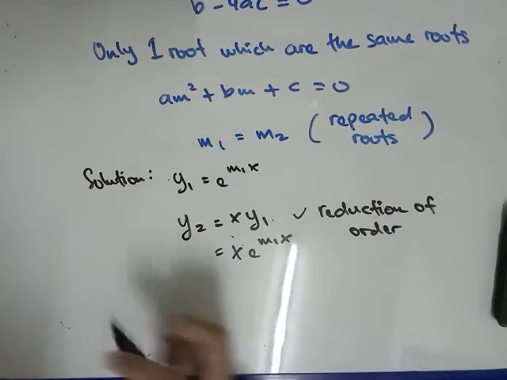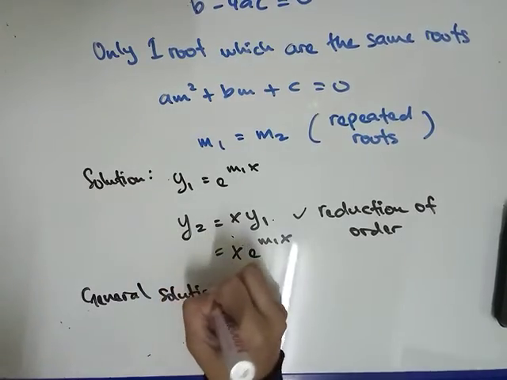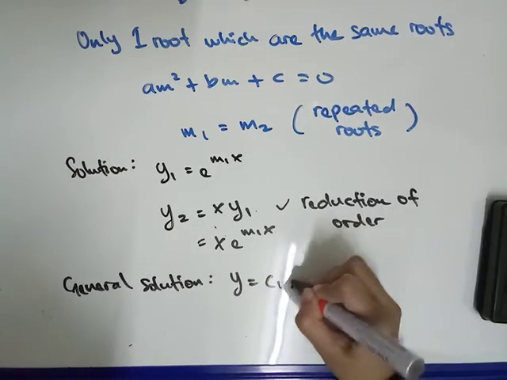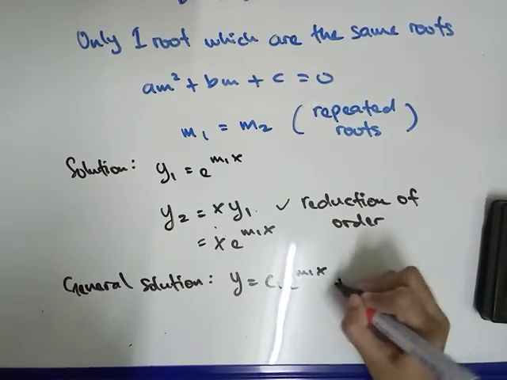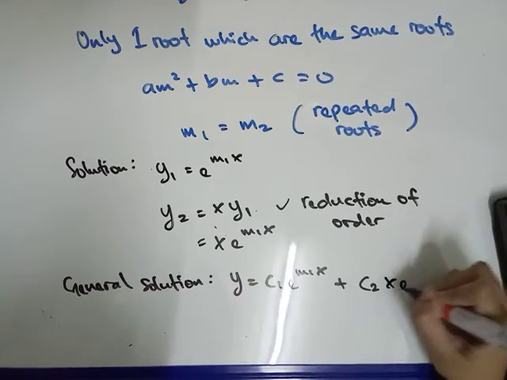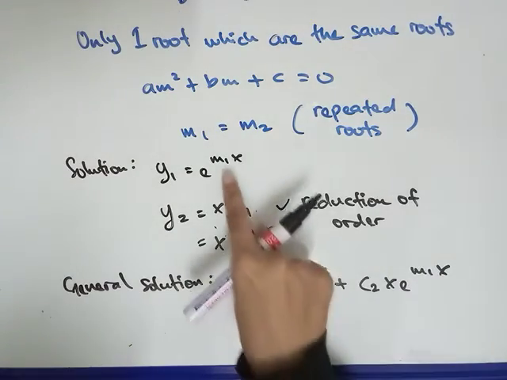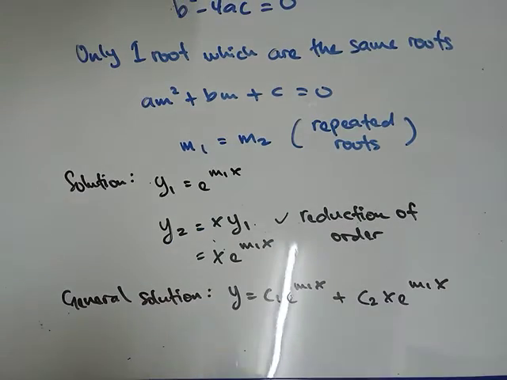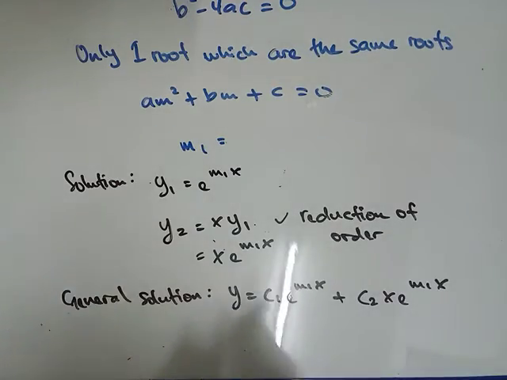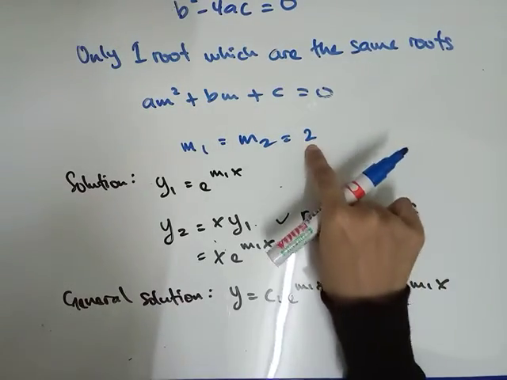So the general solution is y equals c1 exponent m1x plus c2 x exponent m1x. We don't want m1 and m2 to give the same solution. Let's say we get m equal to 2.